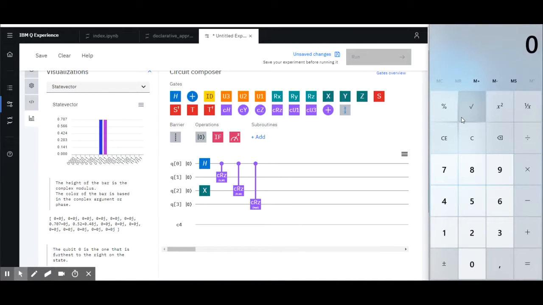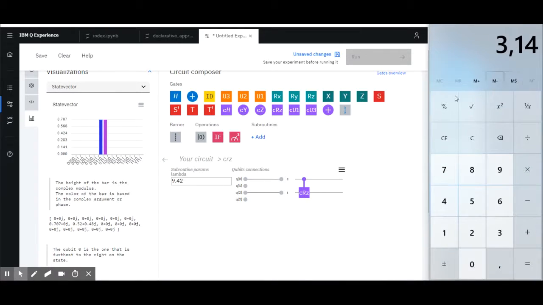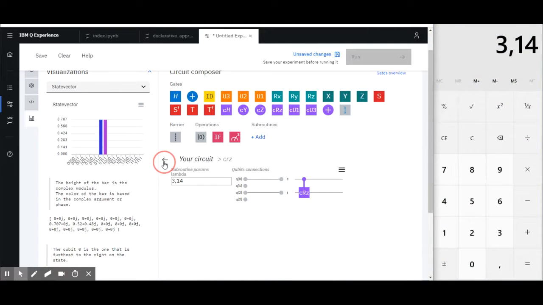So 2/8 times 4 times 3.14 is like 3.14. 2/8 times 4 times 3.14. Is it 3.14? Okay, yeah. 3.15.